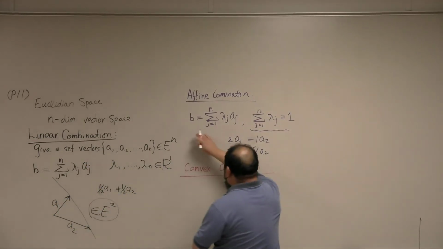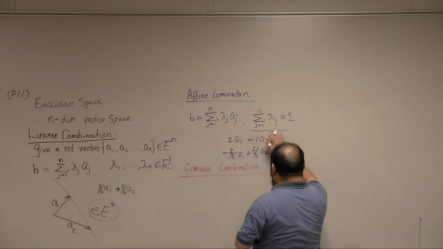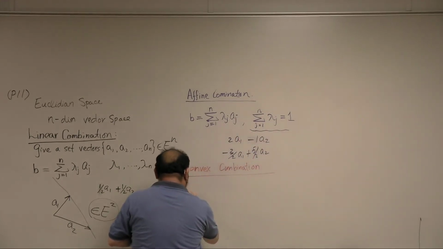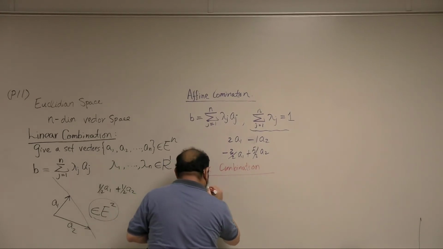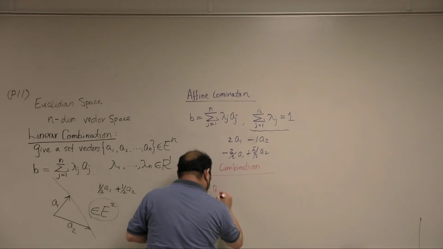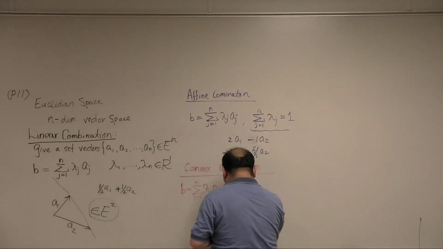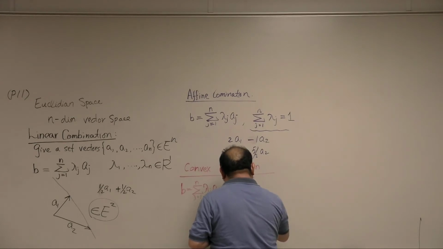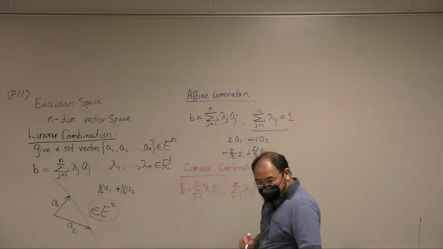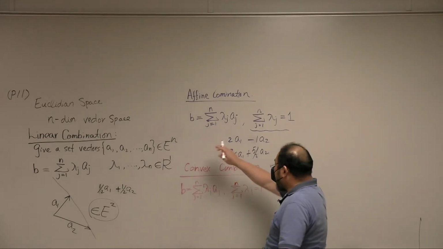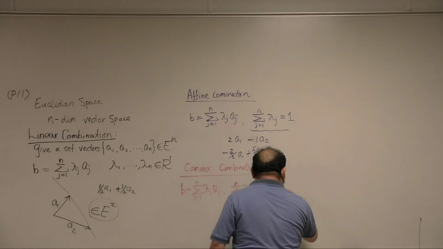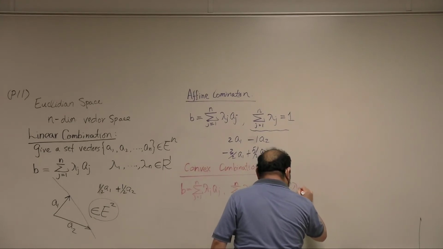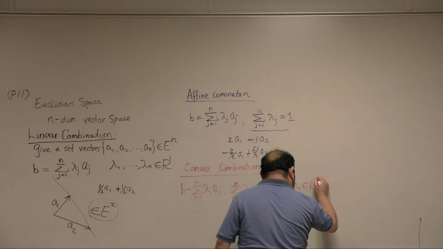Similar to this, we're going to have B equals the summation j from 1 to n of lambda j times aj, the summation of lambda j equals 1. In addition to these two, I have a third constraint: lambda 1 all the way to lambda n belong to R plus.